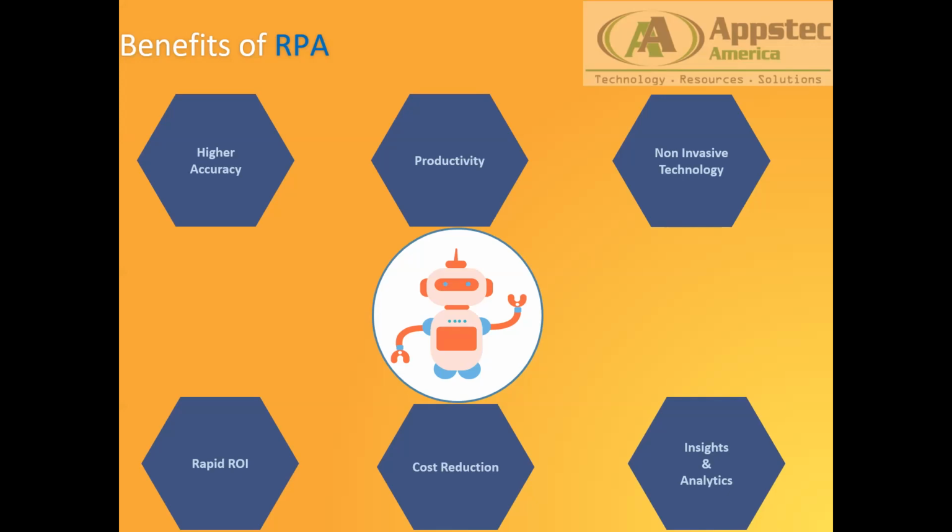Second is rapid ROI. Now, when I talk about high accuracy, I talk about high productivity. What is ROI? Return on investment. Now, let's say I, as an individual, as an organization, am investing $10,000, or let's say $30,000, to build the RPA setup in my organization.